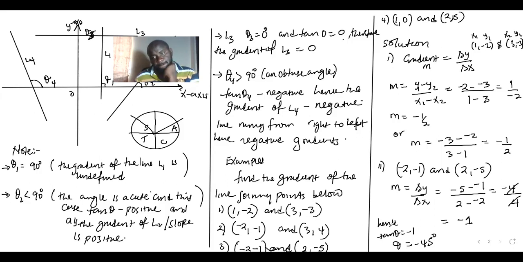Five. The answer is 5. It's 5, correct. Now, sometimes they will ask us to find the angles they subtend.